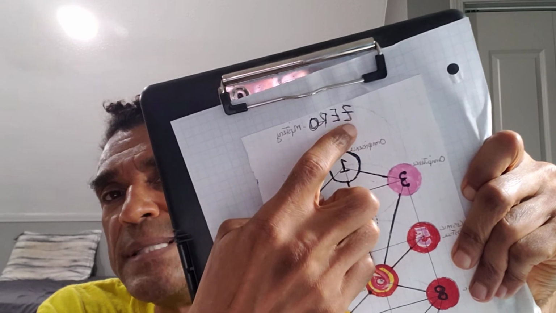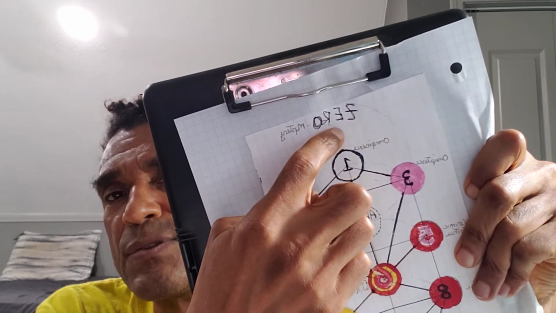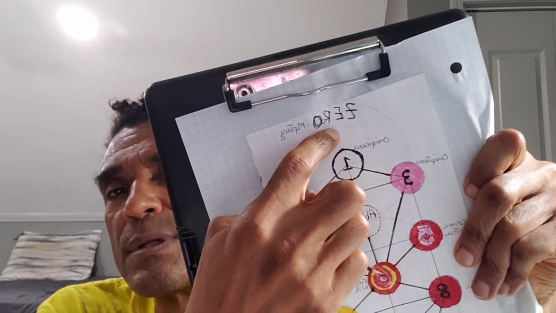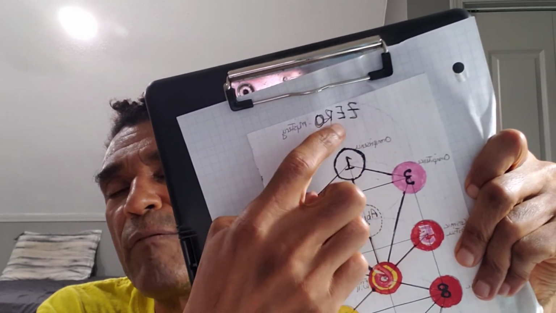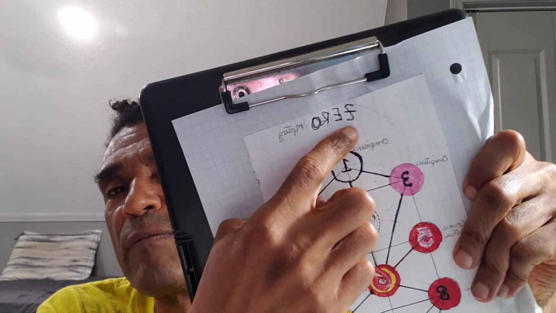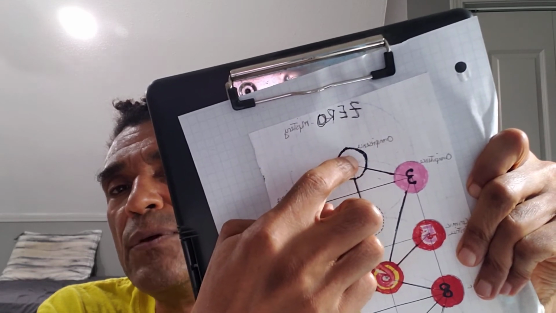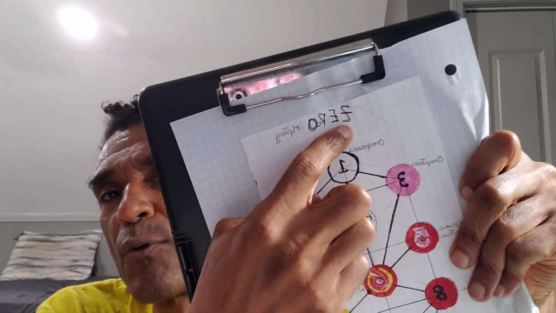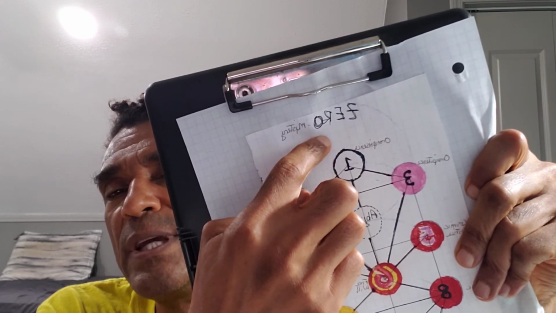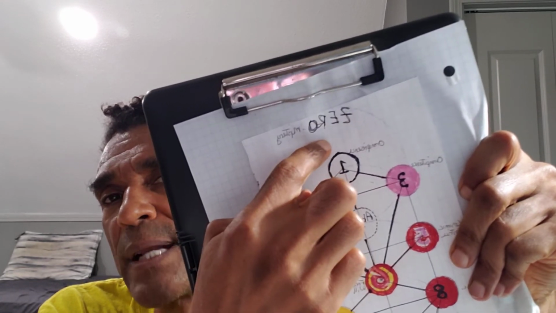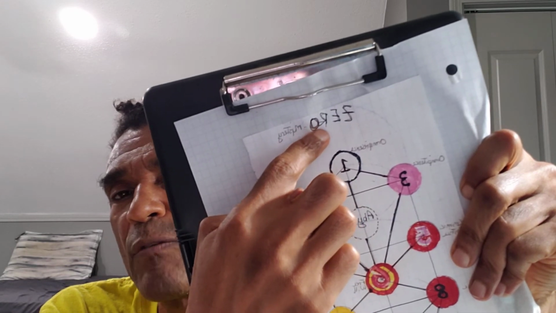The 0 is not in the universe. The 0 is not part of the universe, but it is part of the creator. So it's the part of the creator that the creator reserves for itself. So we have no direct access to this, only indirect. But even the indirect access we have can be very powerful.